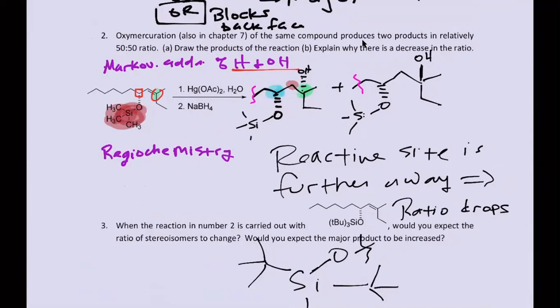What do you think? I think the ratio would go down a lot. Would it go down? Explain what you mean by go down. Make sure I understand what you're saying. Wouldn't it be blocked like the tert-butyl? Don't they block the reactivity from it being so reactive? Well, it wouldn't make it more reactive or less reactive, but it would play a role in making that ratio more unequal, right?